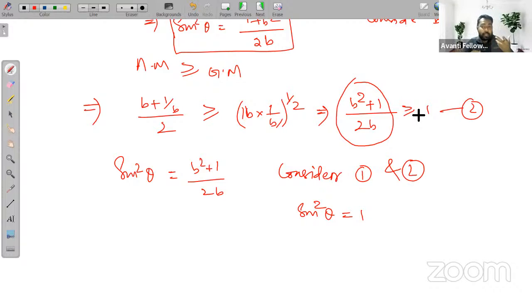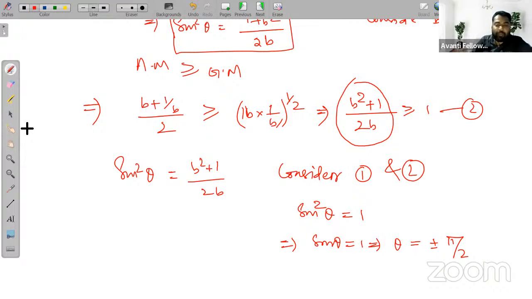Sine square theta can't give a value greater than 1, right? So sine square theta must be equal to 1. So sine theta is 1, and theta is equal to plus or minus pi by 2, right?